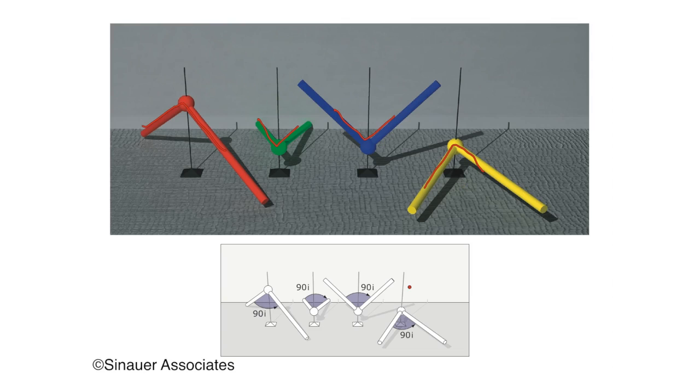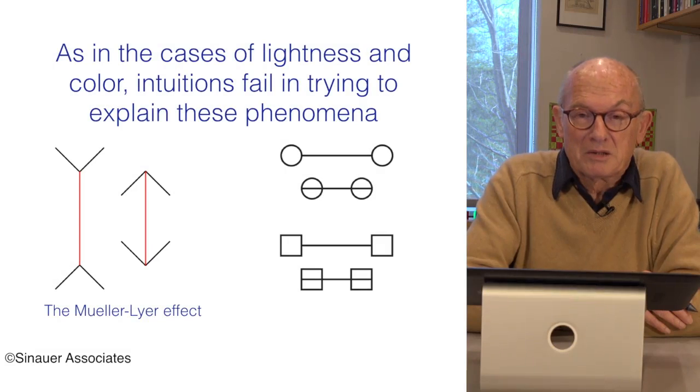And yet, if you take a physical measuring instrument, a protractor in this case, you can easily demonstrate to yourself, and it's shown here in this lower panel, that each of these angles is in fact 90 degrees.